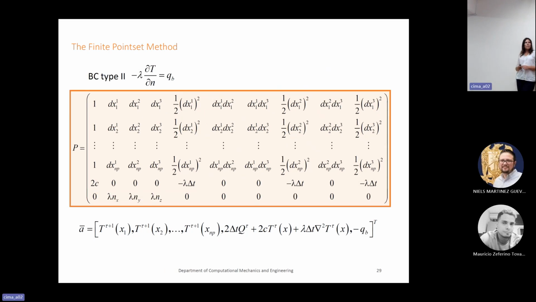And if x belongs to the edge, so for example, satisfies a boundary condition of the second type, we have one row more and also one component more in vector A. The same situation if it's a boundary condition of the third type, but of course this row and this element will be different.